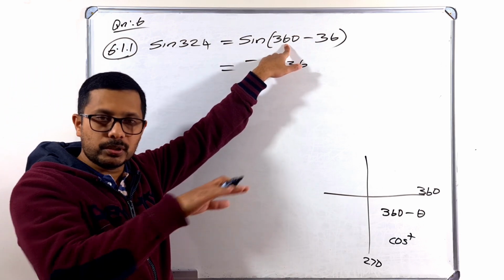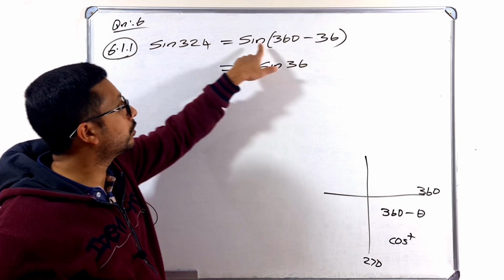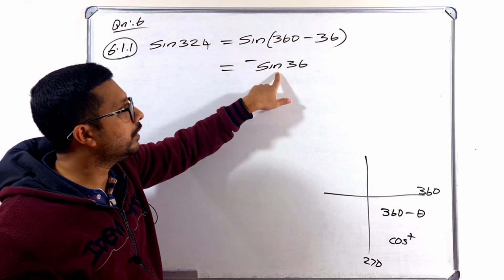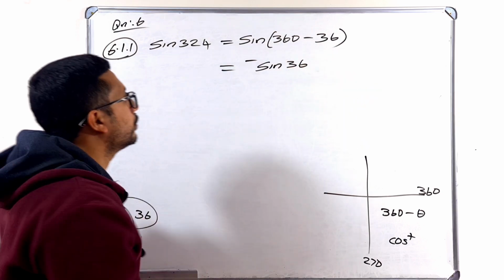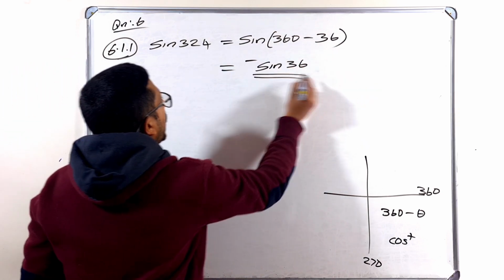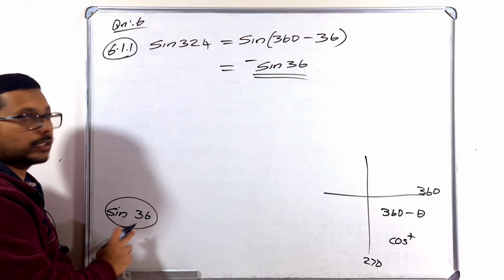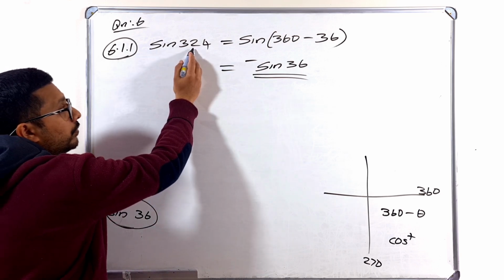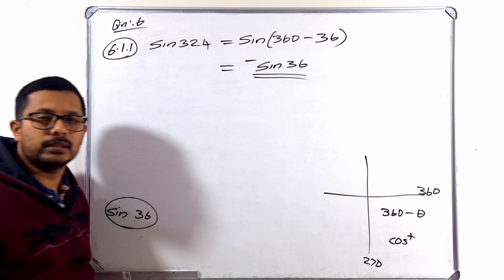No change, because if it is based on 180 or 360, no change in the trigonometry. So it is sine, here also sine. Then 36 acute angle. So now we can see that you wrote the answer in terms of sine 36. That is our question. So sine 324 in terms of sine 36 is minus sine 36.